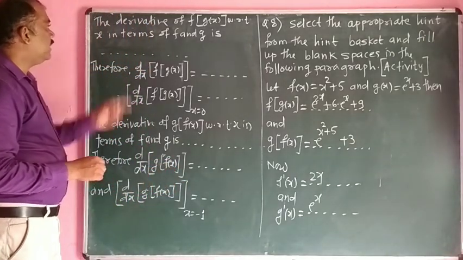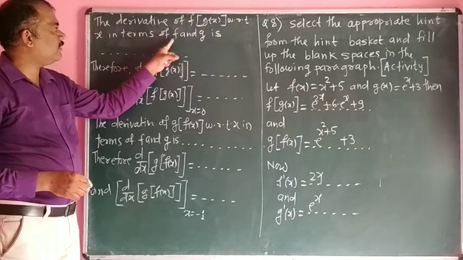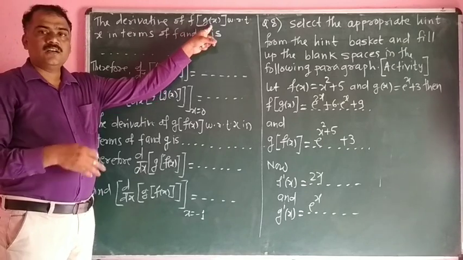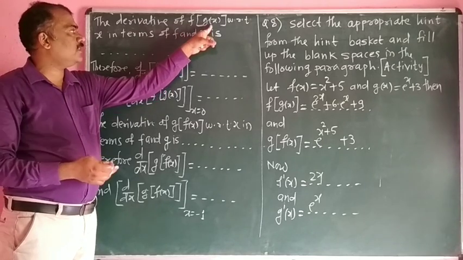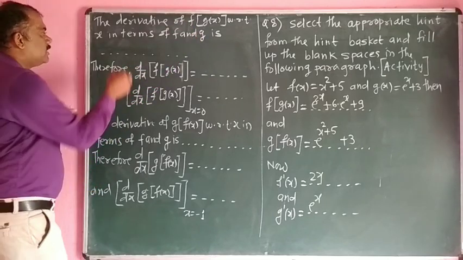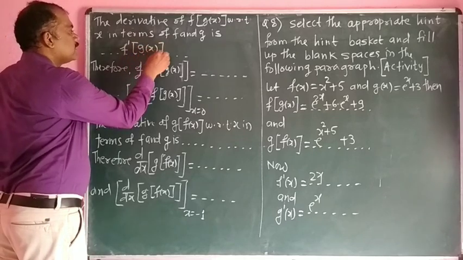Now see here, the derivative of f of g of x with respect to x in terms of f and g. It means that we have to differentiate this with respect to x and write the derivative in terms of f and g. First of all, we differentiate f with respect to x, that is f dash of g of x.